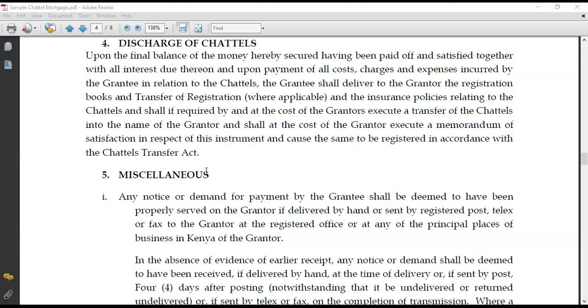So if we are doing this security document under the MPSR, it may be important to indicate that part of the powers that the grantee will have is to make such registration, and on discharge of the chattel, a cancellation notice to be issued, because that's how we do.